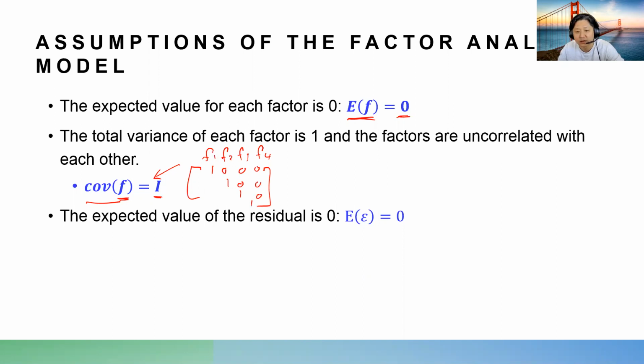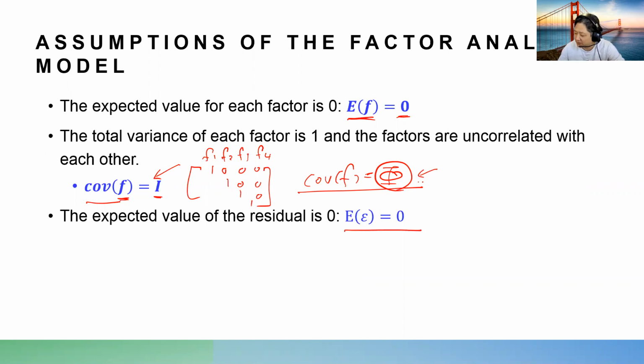They are not related to each other. This is the assumption of the orthogonal factor analytic model. The covariance of a factor score is also denoted by this psi. Is it psi? I'm not sure. So it's this notation. We'll see later.